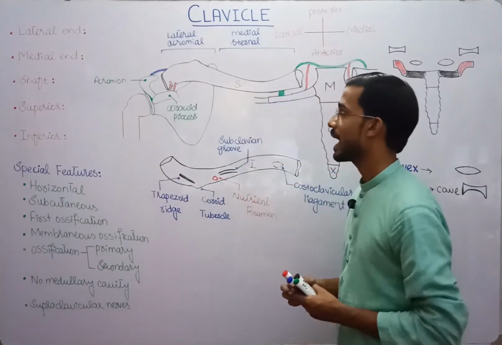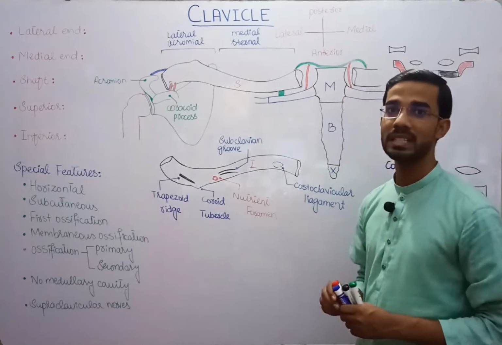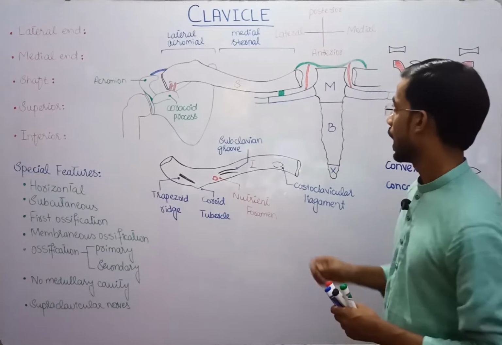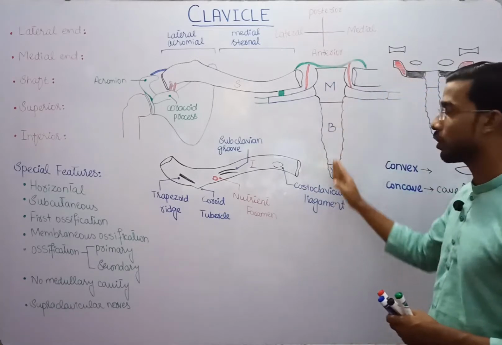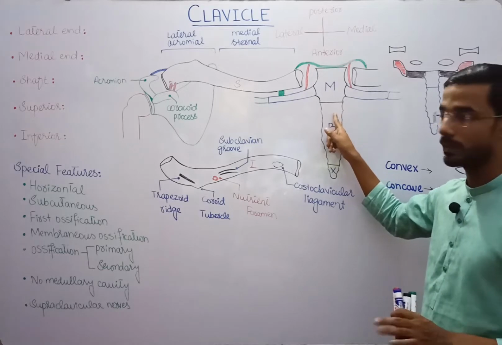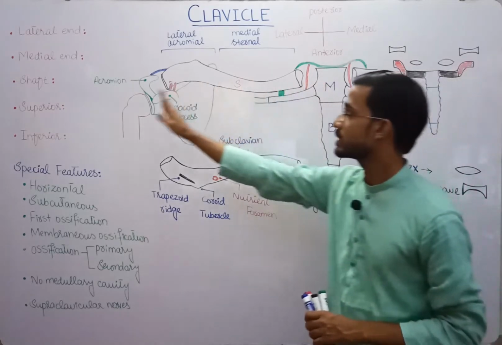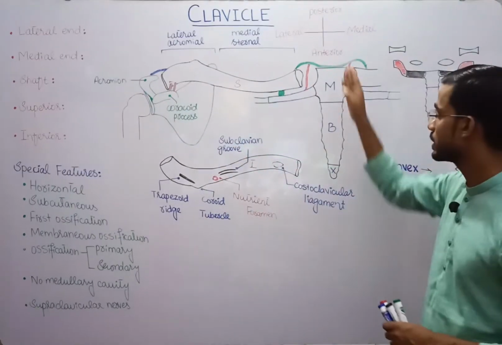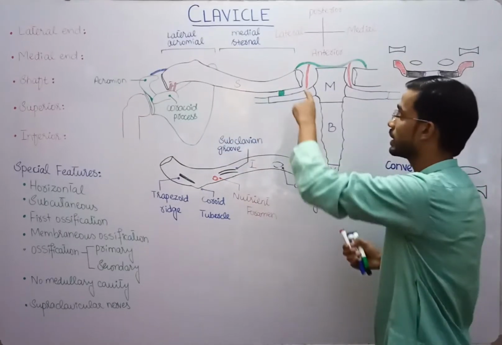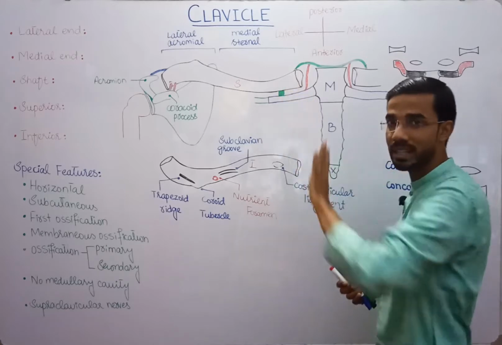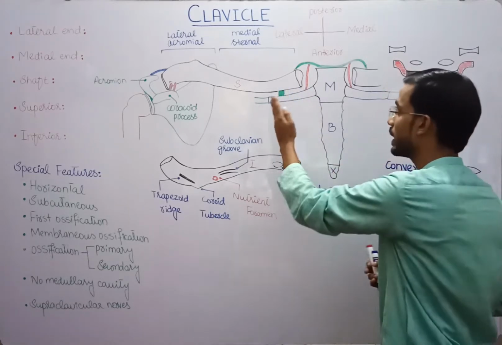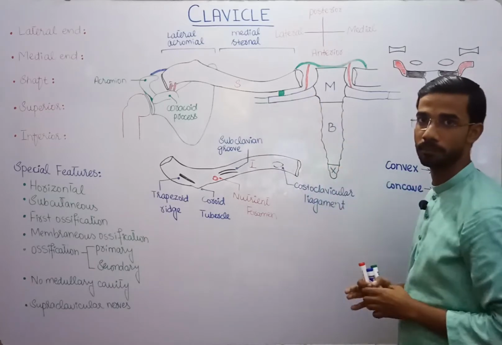Let's see. Actually, the clavicle has basically 6 sides. This is the central part of the body having the sternum, and there is the lateral side. This is the medial side and this is the lateral side. Here is a clavicle. This side is the medial side, also called the sternal side because it is towards the sternum.